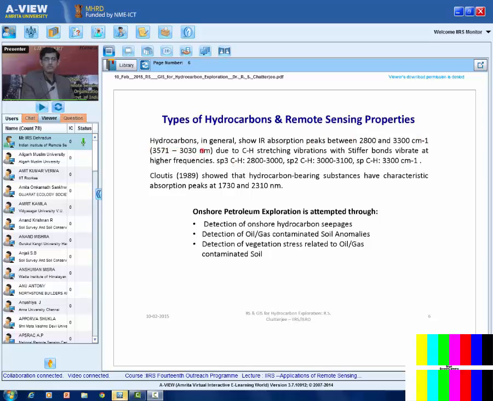This is the range where there is an absorption peak in naturally occurring hydrocarbons. This is due to carbon-hydrogen stretching vibrations. But this stretching vibration is in case of steeper bonds, like in case of sp hybridization, so that is shifting towards 3030.